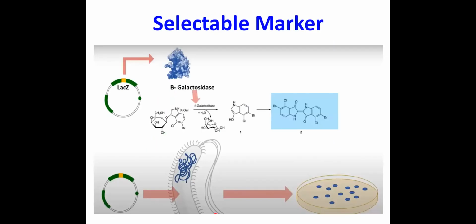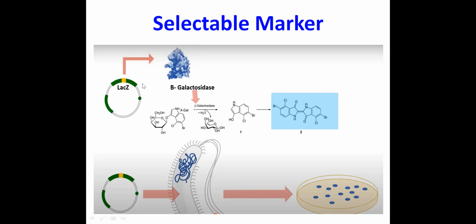Here you can see that one of the selectable marker genes in most vectors is lacZ. lacZ is a gene that codes for beta galactosidase. This beta galactosidase breaks X-gal into a blue color compound.